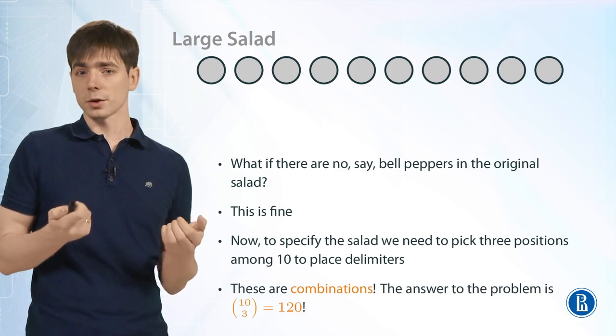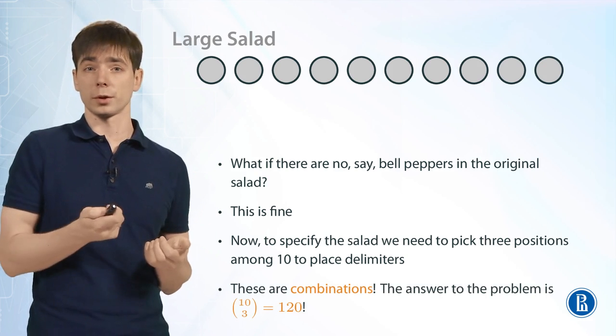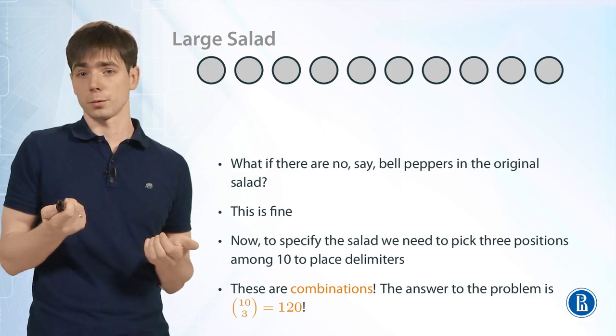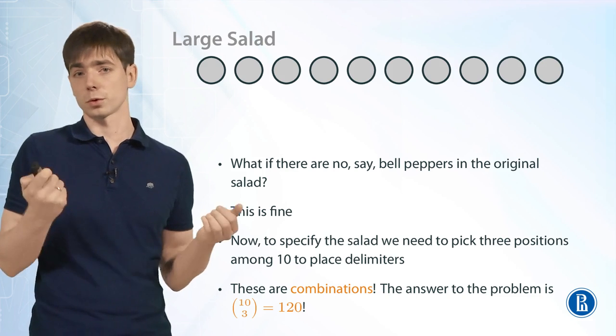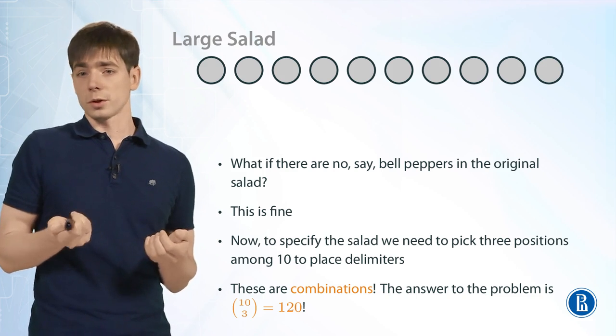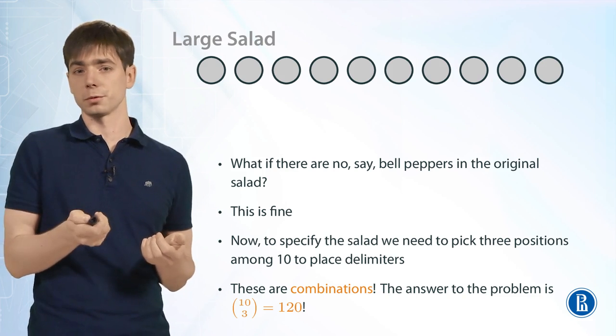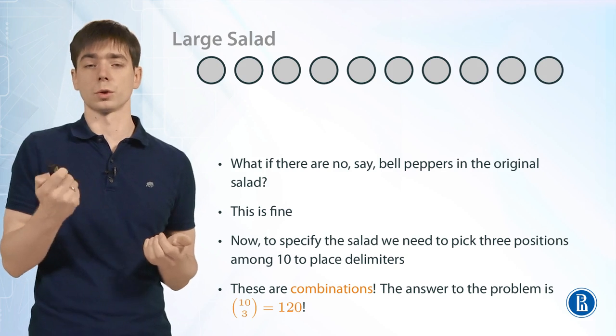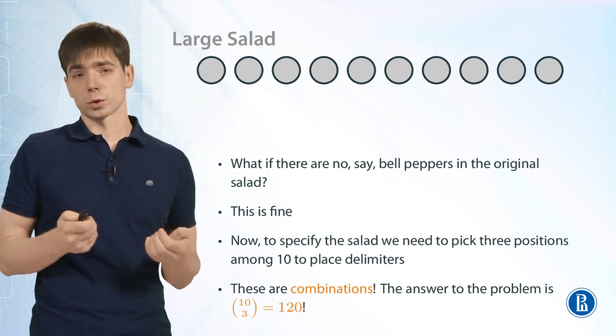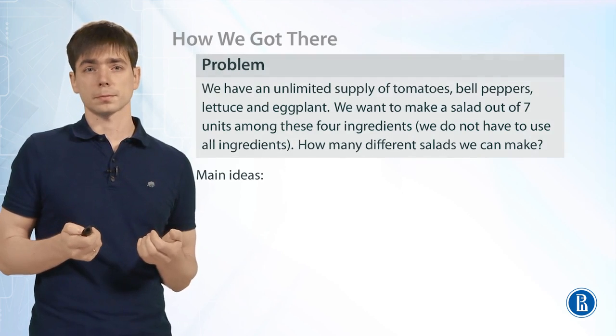Okay, and these are exactly combinations. So we have 10 possible options, and we have to pick 3 out of them without order. So the answer here is just 10 choose 3, which is 120. Note that this is 120, not 120 factorial. So the answer to the problem is 120.